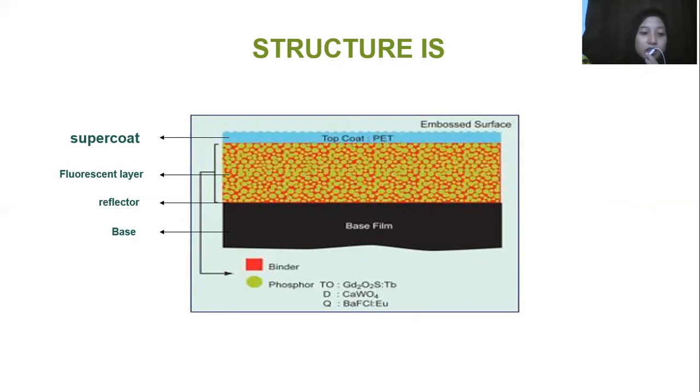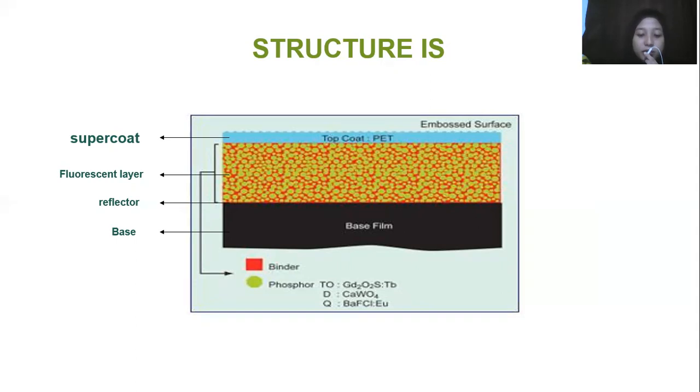And the third is the fluorescent layer. It is a place for phosphor, a layer that will glow when exposed to X-rays, 100 to 300 micrometers thick. There is a pigment binder of cellulose acetate, nylon or polyurethane as a binder for the phosphor crystals.